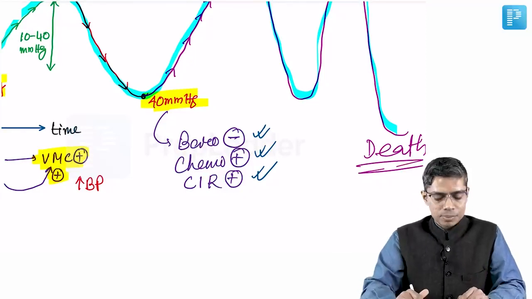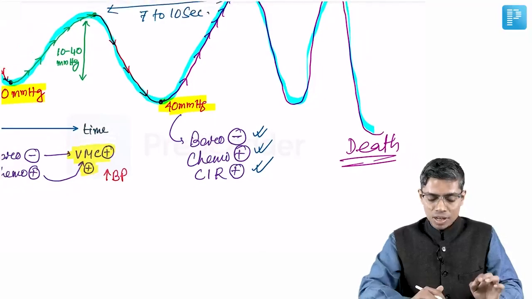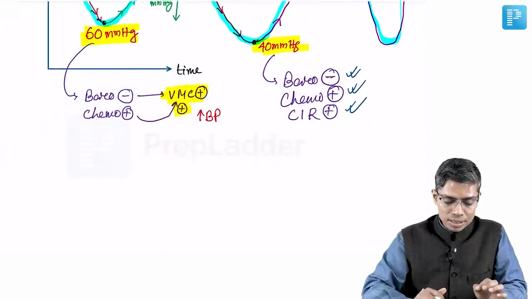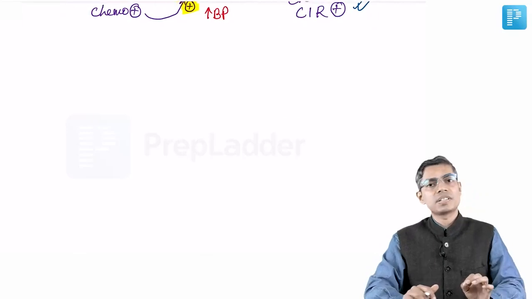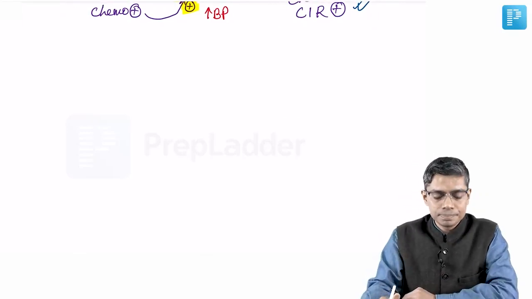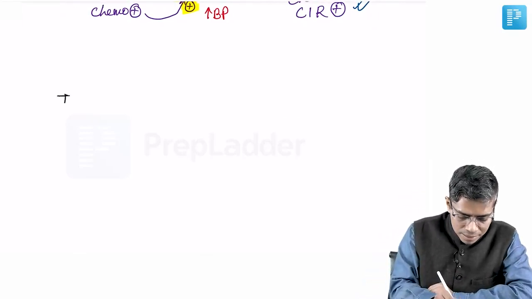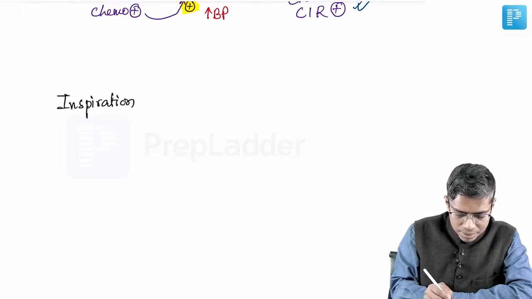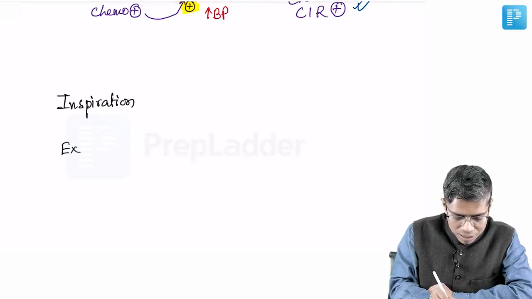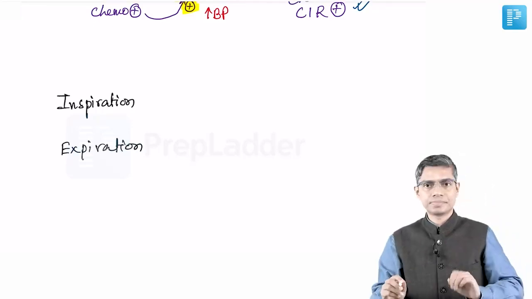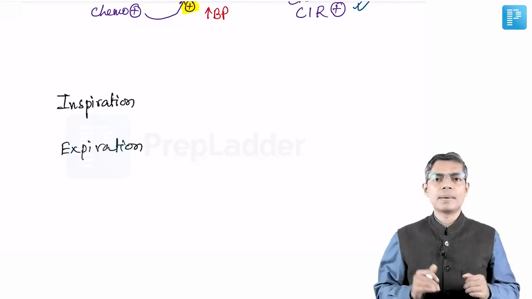Now, apart from this, blood pressure fluctuation can also occur during your respiratory cycle, even during your respiration. Means, if I take inspiration and expiration, blood pressure can also change during inspiration and expiration. Why? During inspiration, what will happen?